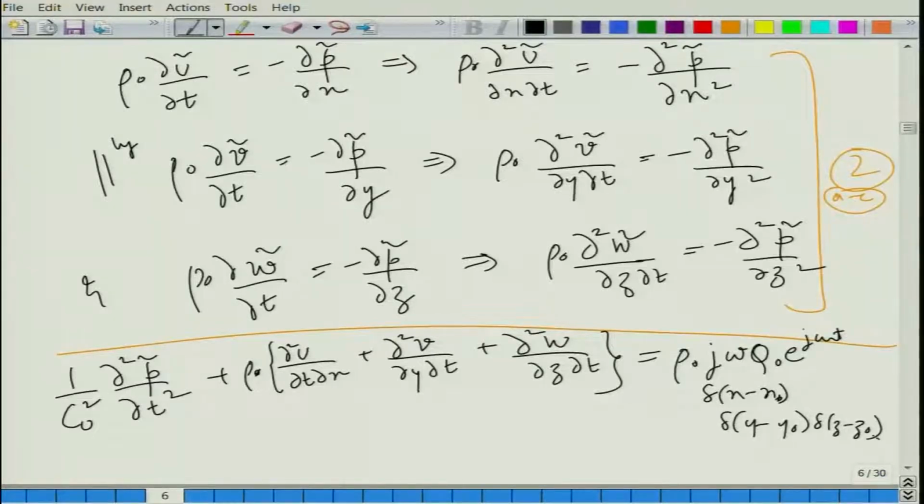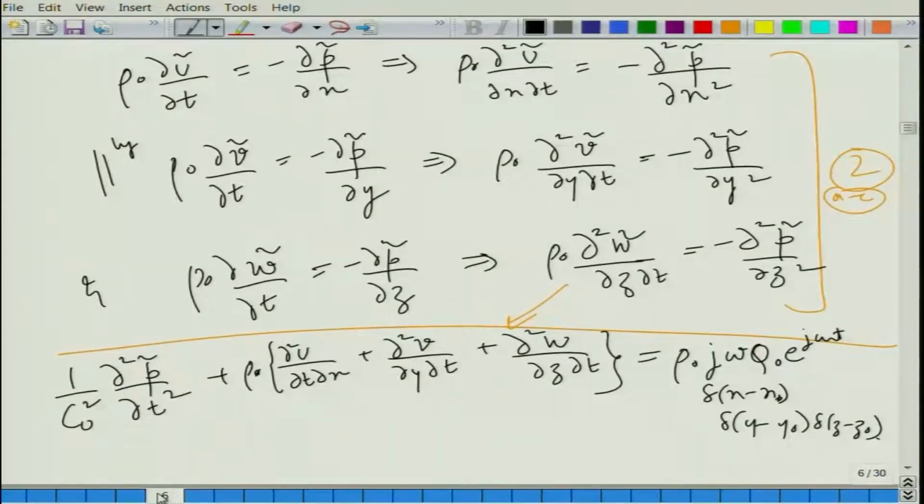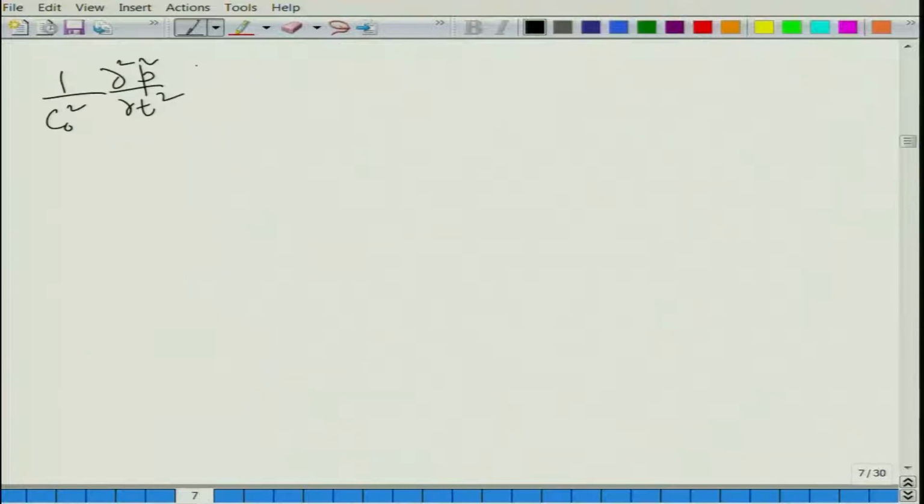So, we get this, and now if we substitute equations 2a to c back in here, we will get your Laplacian. Essentially, we are going to get the Laplacian. Rho naught is also there here. There are a number of minus signs here.